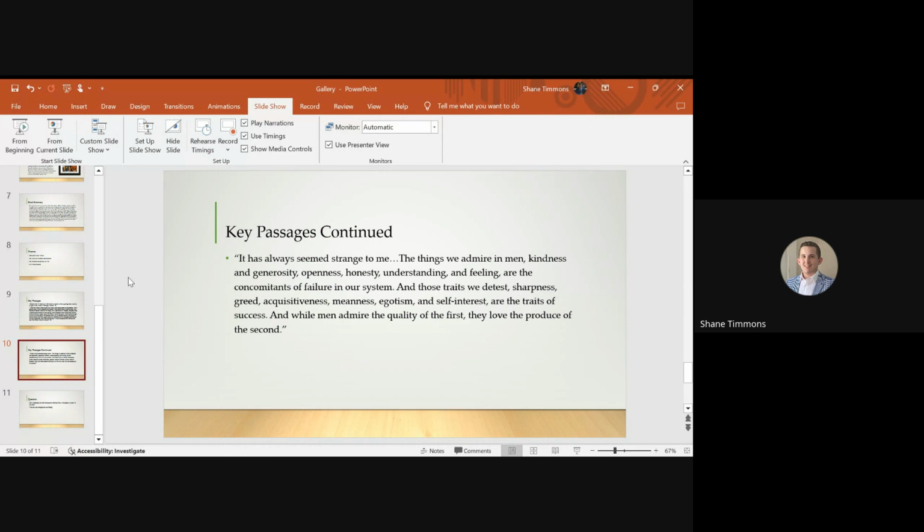And those traits we detest, sharpness, greed, acquisitiveness, meanness, egotism, and self-interest, are the traits of success. And while men admire the quality of the first, they love the produce of the second. I think that is a pretty good explanation of human nature there.